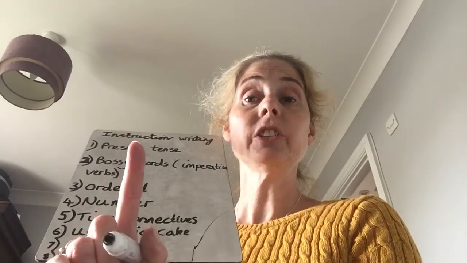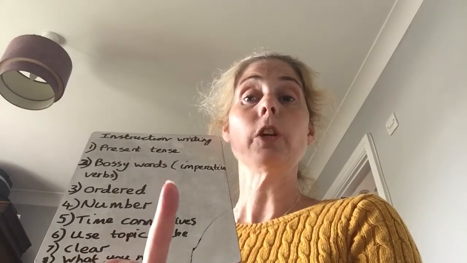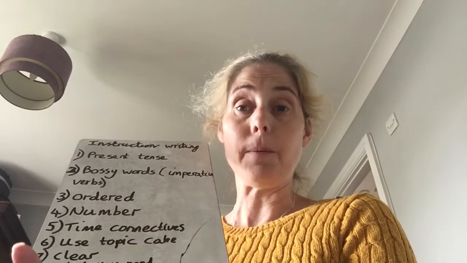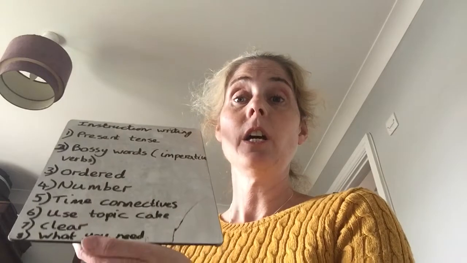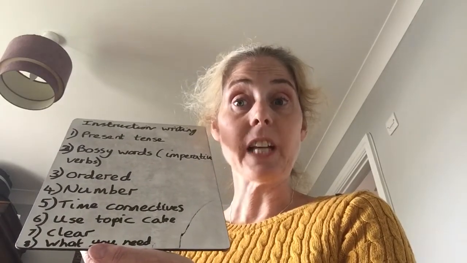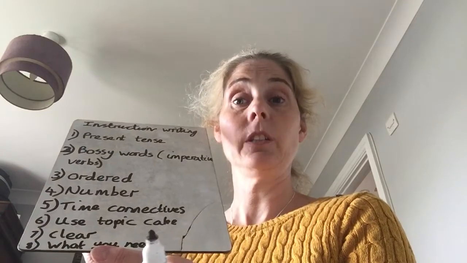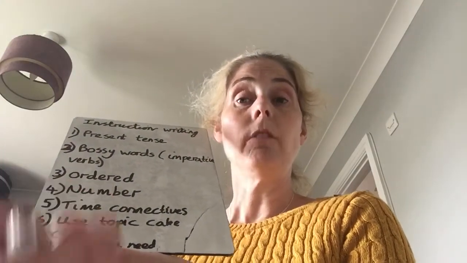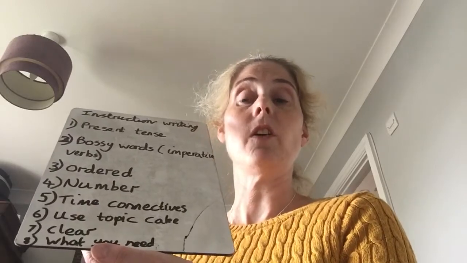So first, you need to write what you need, or your equipment that you might need, or your ingredients that you might need. Then after that, you write your method, okay, to show that now you are writing the instructions that they need to follow.